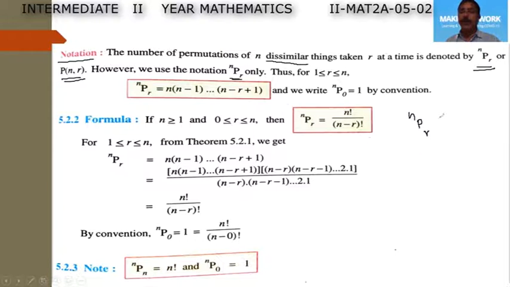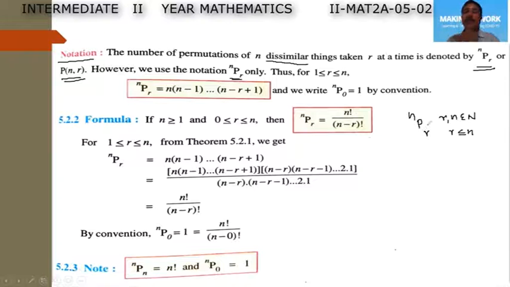So here n and r are always positive integers because they represent the number of things. The number of things cannot be negative. Therefore, r and n must belong to the natural numbers, and r must be less than or equal to n, because the number of things taken from the given number of things must always be less.